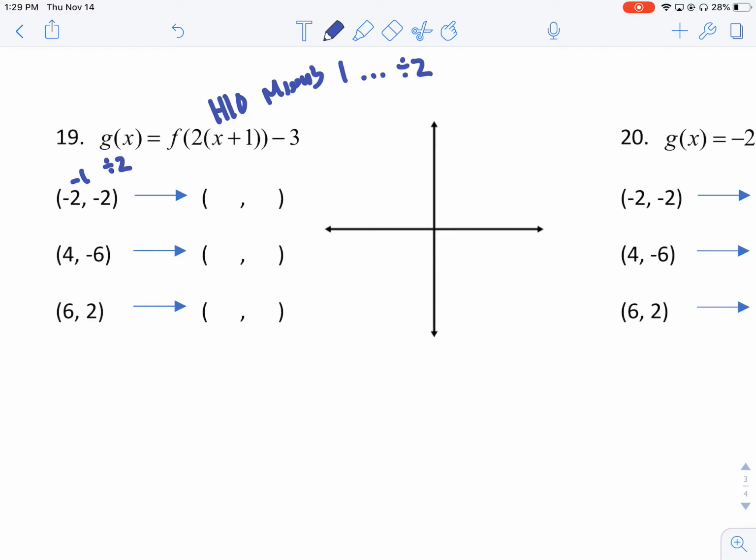If I subtract 1 from negative 2, I get negative 3. Divide by 2, I get negative 3/2 or negative 1.5. 4 minus 1 is 3. 3 divided by 2 is 1.5. Actually, that should be a negative 1.5, and this should be a positive. 6 minus 1 is 5. 5 divided by 2 is 2.5.